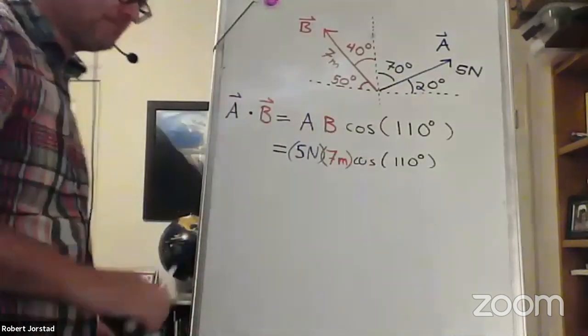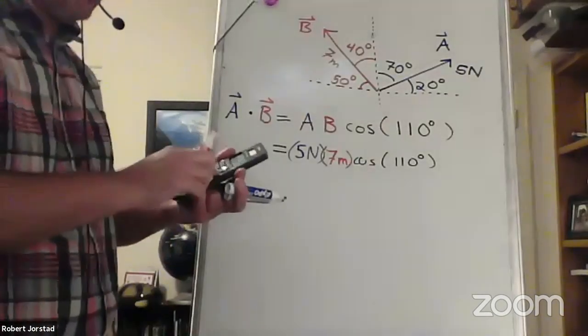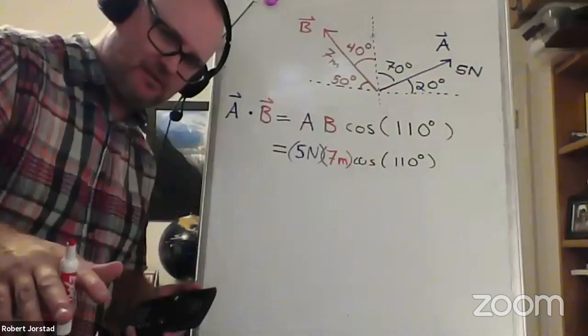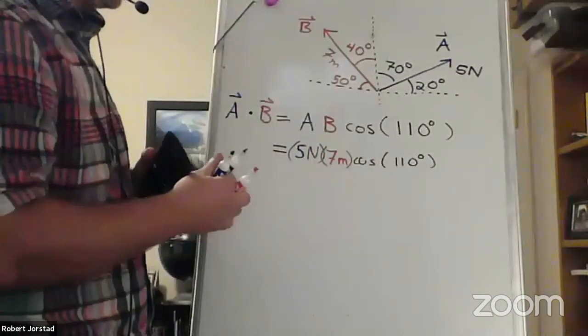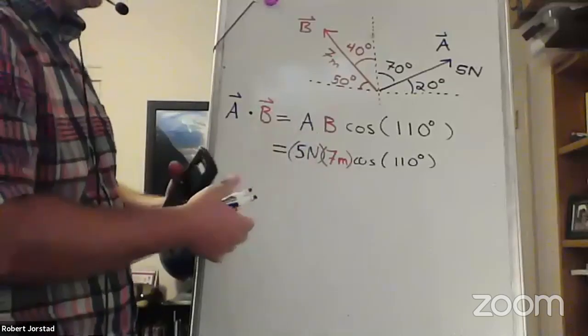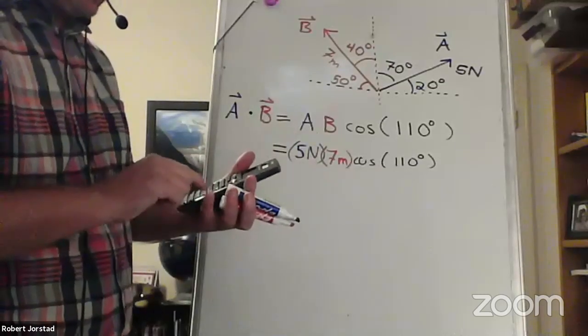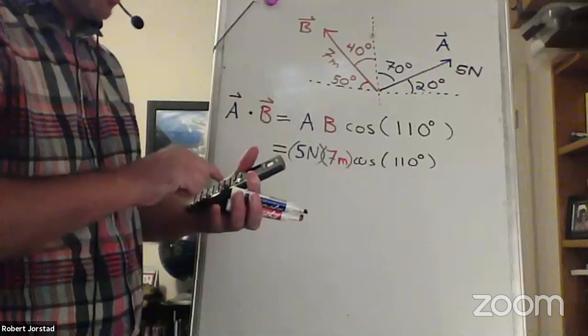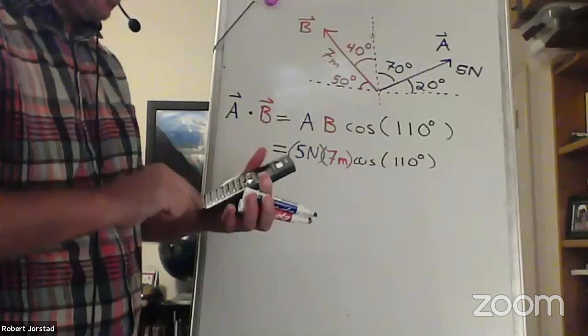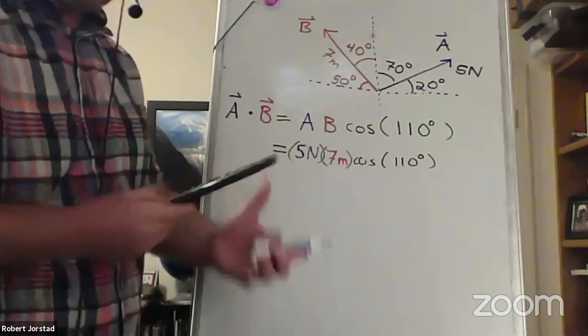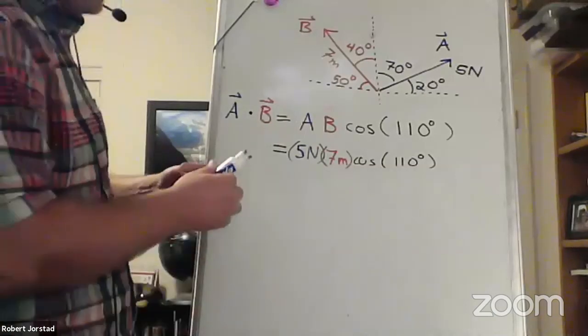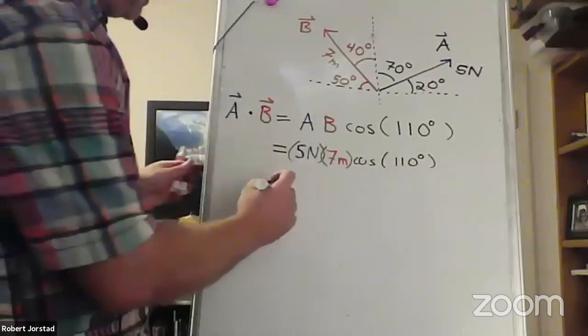Nice job. Outstanding. Well, did I address your question? Yeah, perfect. Thanks. Right on. Yeah. So I was deliberately trying to trap you. You caught the trap. So now let's punch it in. So 5 times 7 times cosine 110. I got negative 11.9. How about we just say it's about a negative 12, right?